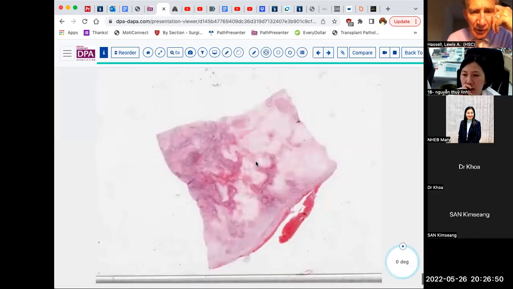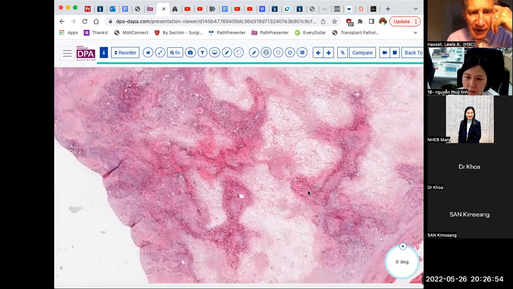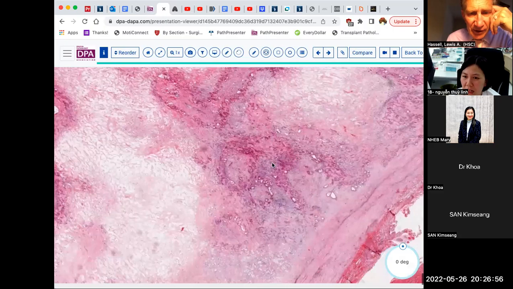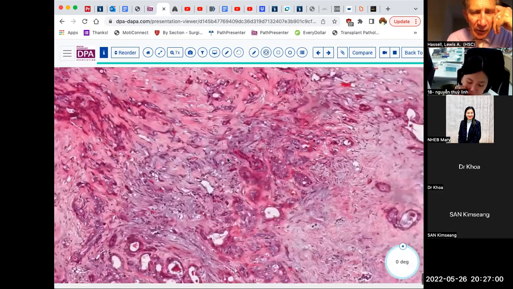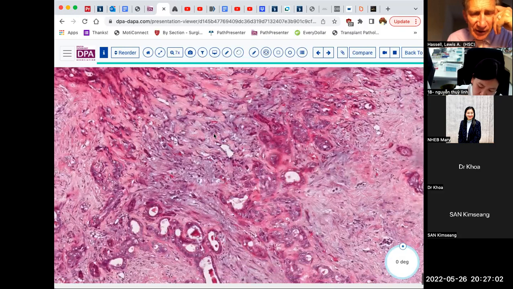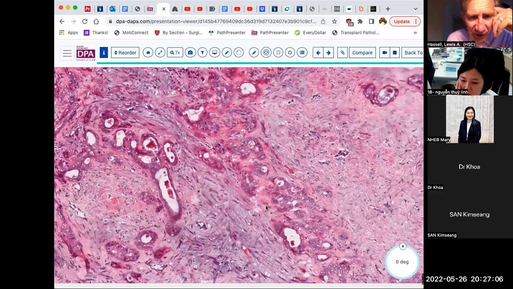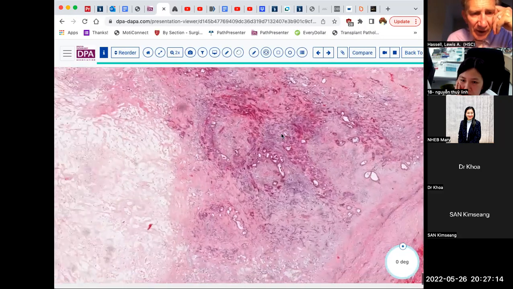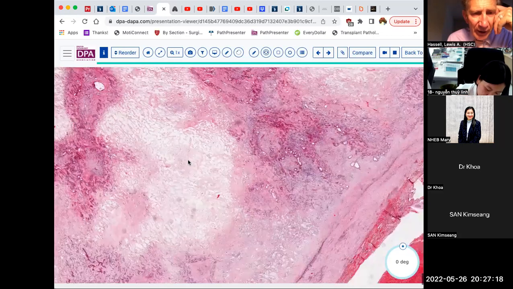Here's another example. This is not quite as well fixed, so I'll try to find a good area here. Again, we see the hyaline fibrosis, and here the glandular structures are staining a little bit differently. Small nests, hyaline fibrosis again, and some intervening necrosis as well.